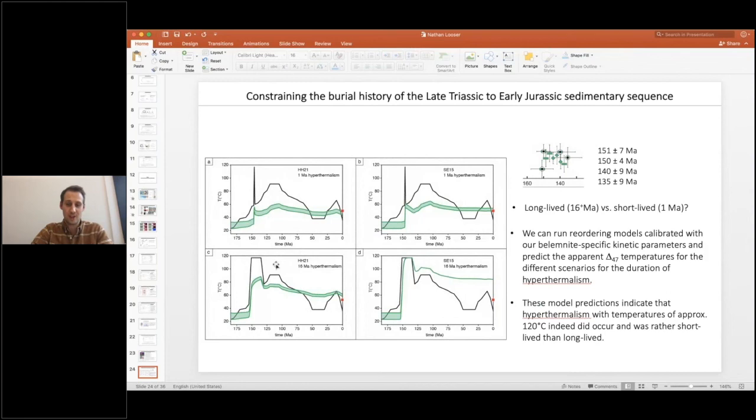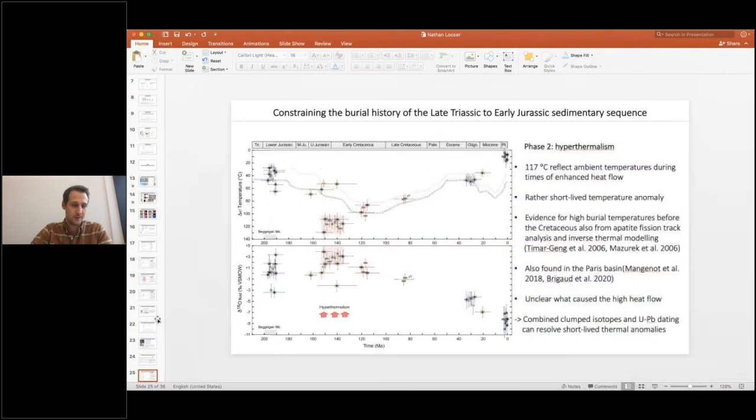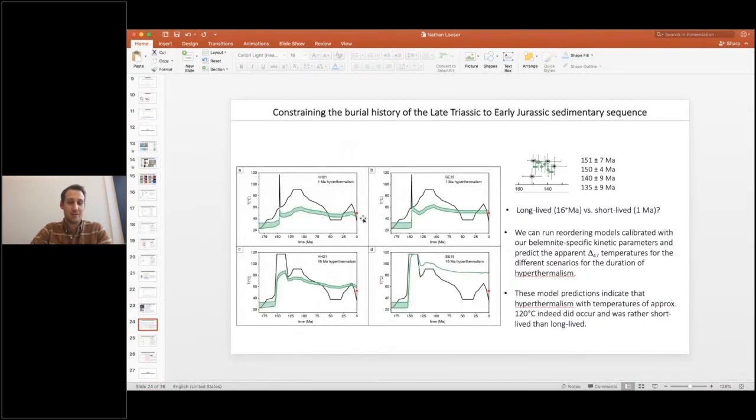Okay, and what we see actually is that these model predictions show that the delta 47 temperature of the belemnite that we measured here today, 53 degrees, is compatible with a short lasting phase of hyperthermalism of 1 million years, or maybe 2 or 3, but not really compatible with a long hyperthermalism of 16 million years or even longer.